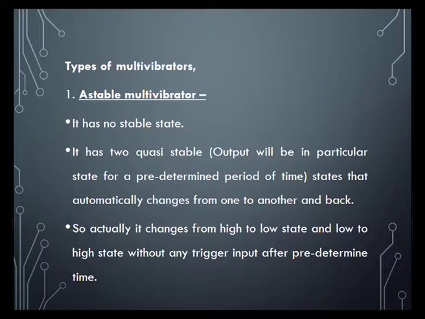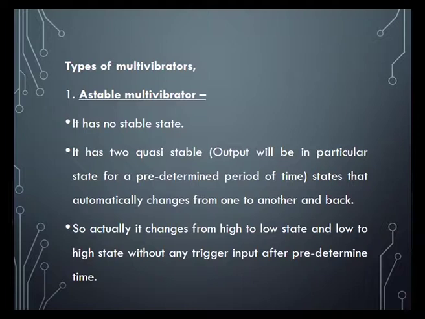There will be no stable state, and the signal will have two quasi states. It has a predetermined period of time. The pulse will occur only in the predetermined period of time, so the duration of the pulse occurrence is already predefined.